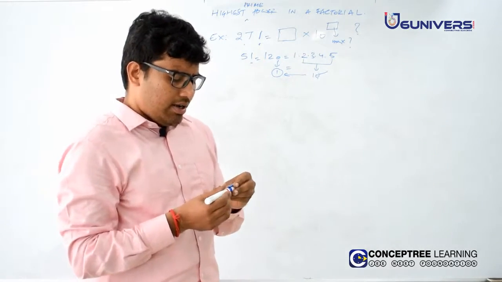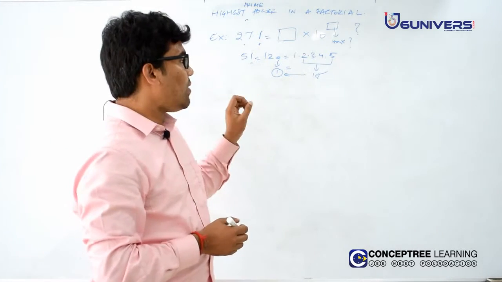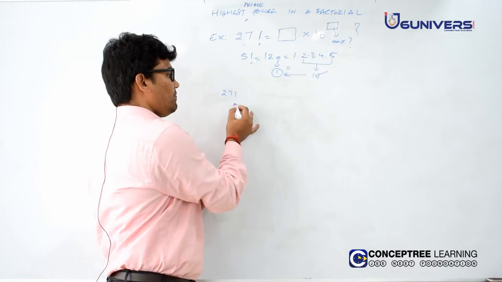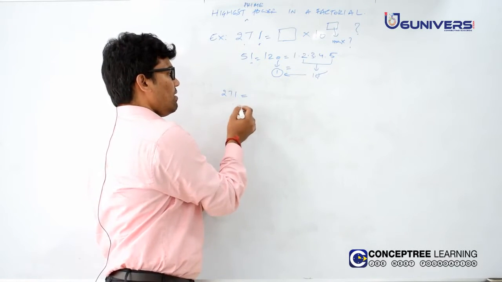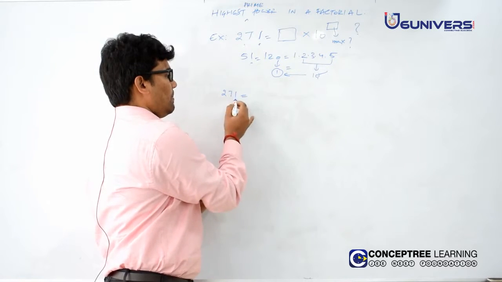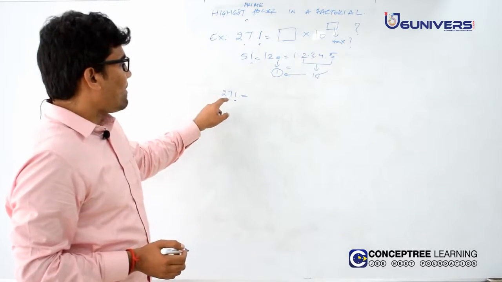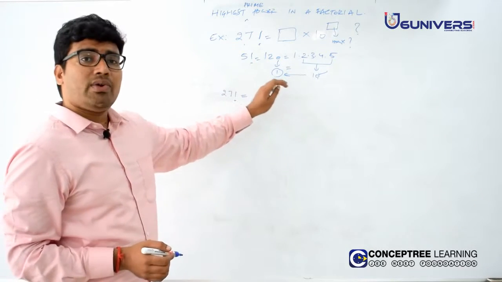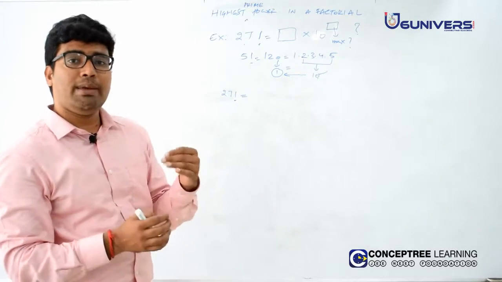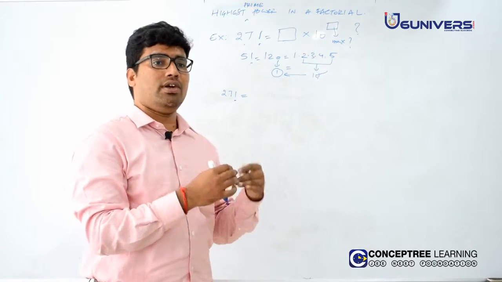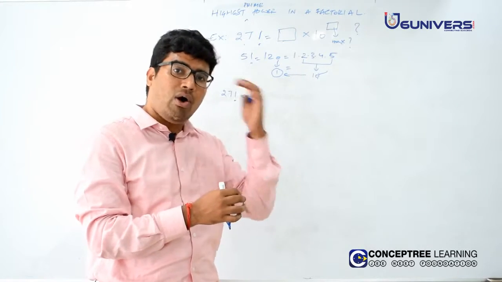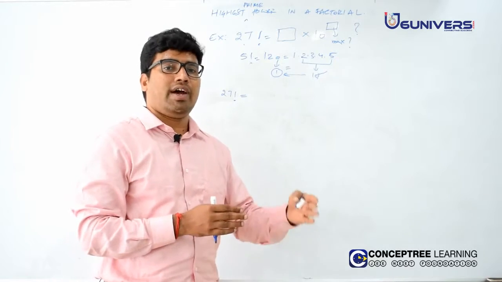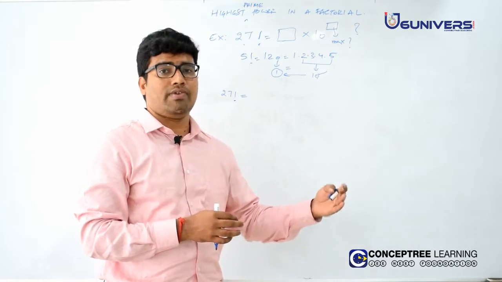So it's very easy to understand that if we consider 27 factorial, the number of 2's that exist in 27 factorial, or any factorial for that matter, because 2's keep repeating with a frequency of 2, like 2, 4, 6, 8, all have a 2 in them, right? And the 5's keep repeating with a frequency of 5, 10, 15 and 20 and so on, 25 and so on.